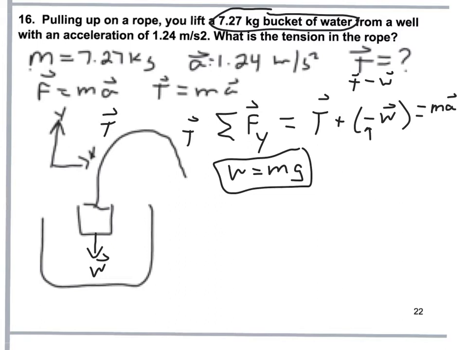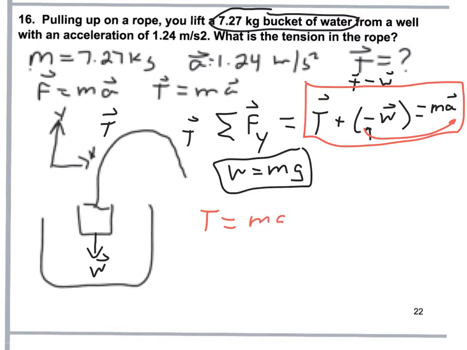So we can take our tension equation now. That's this equation. So we'll take this equation right here, and we'll plug in the weight, and we'll solve for T. So let's just rearrange that. We get T equals, so we move this negative W over to the other side of the equation. So that gives us a positive mg now. Positive weight equals mg. And then our ma is already over on that side of the equation.